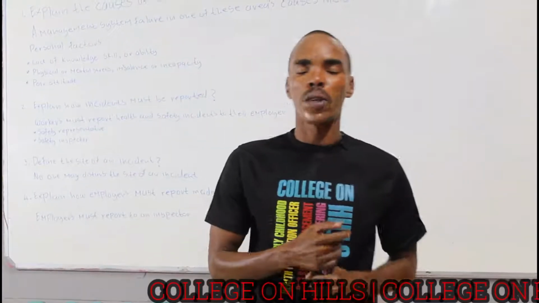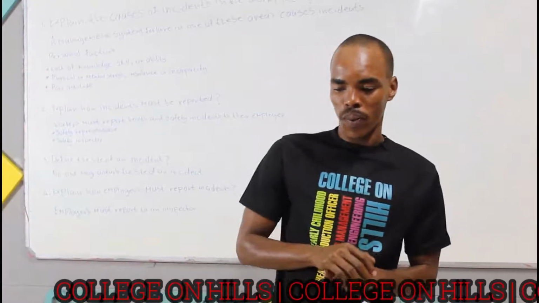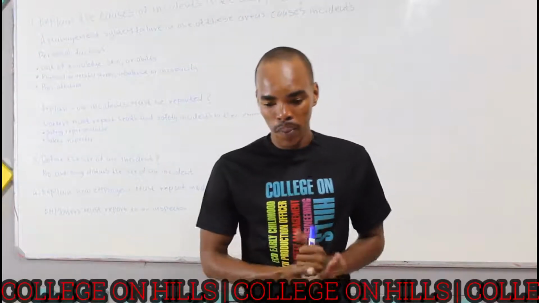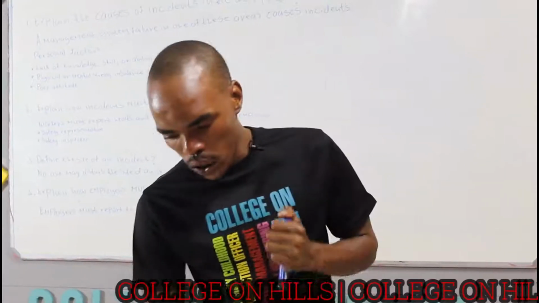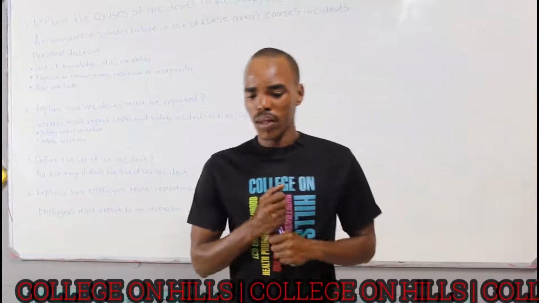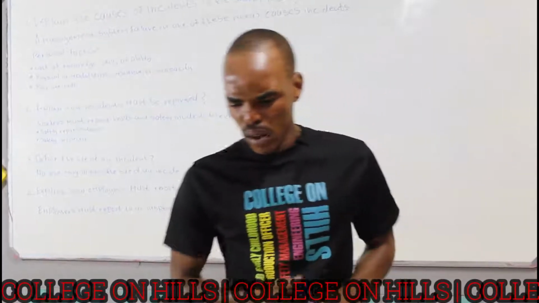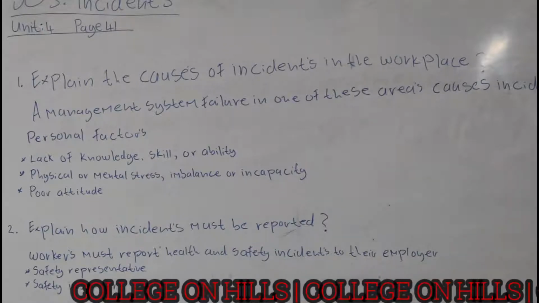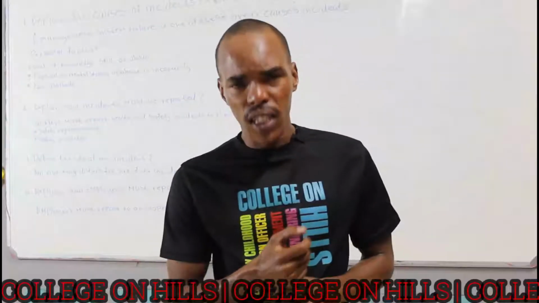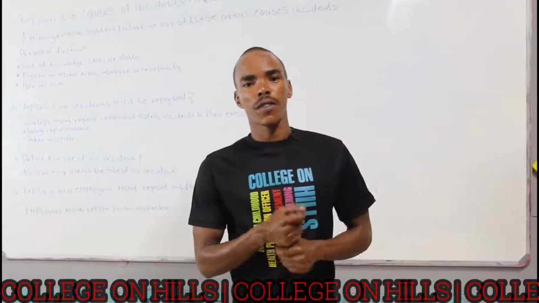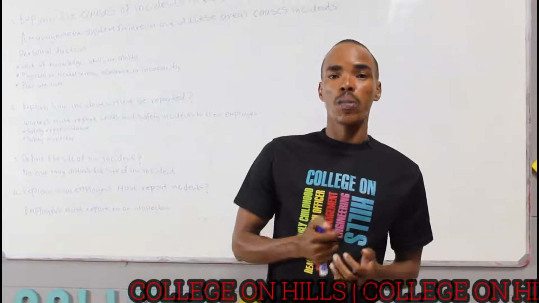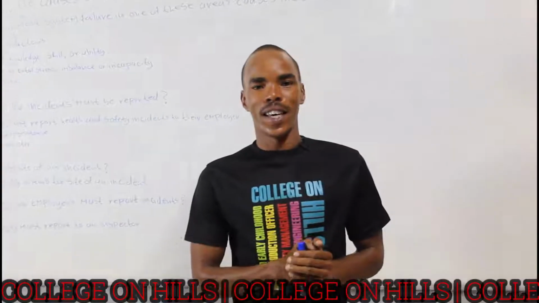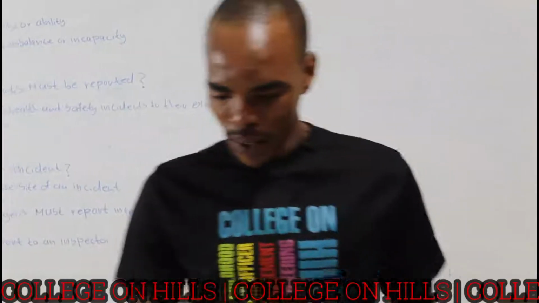information, you have to be informed in order to partake in or do a particular job in a workplace. And it's not only personal, we also have job factors: poor purchasing specification, and lack of effective training. People have to be trained in order to do something to the best of their ability.